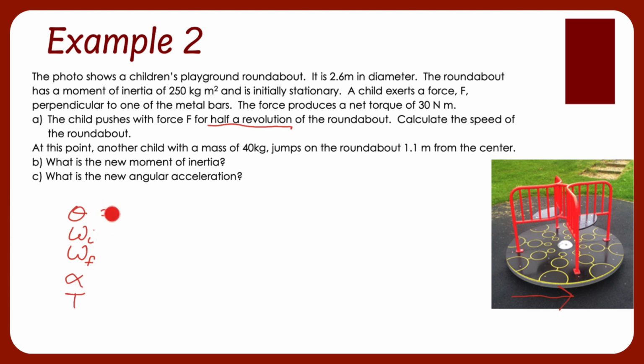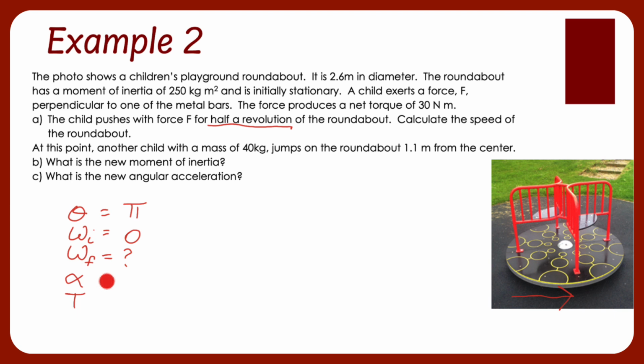Now, if it goes around a half revolution, that means theta will equal pi. One full revolution is 2 pi. It starts from rest, so this will be 0. I'm looking for the speed after half a revolution. Do I have any information about how long it takes? No. Do I have any information that I could use to solve for alpha?